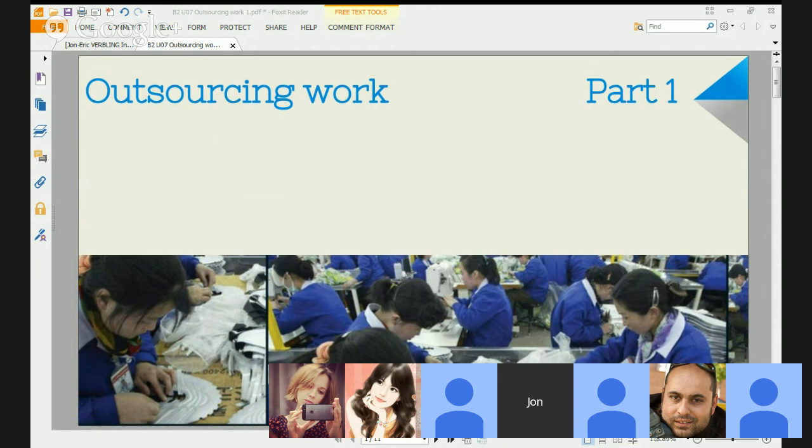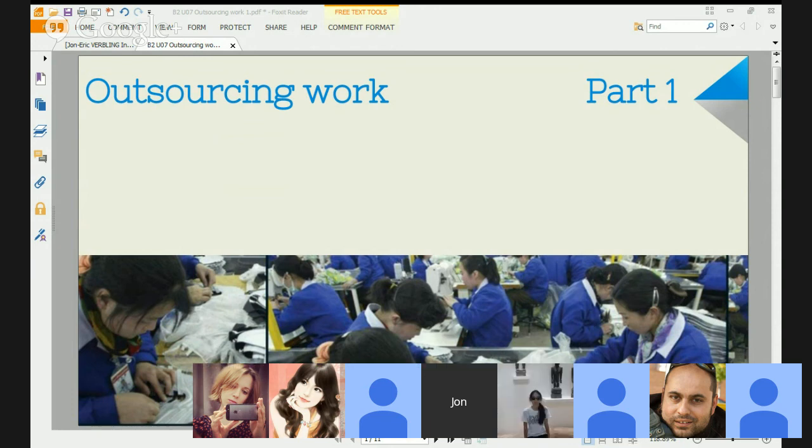Well, there appears to be a lot of women in the picture. I suppose that men wouldn't work in this kind of factory, and I guess that the female labor is probably cheaper in this part of China, where I assume it's in China.